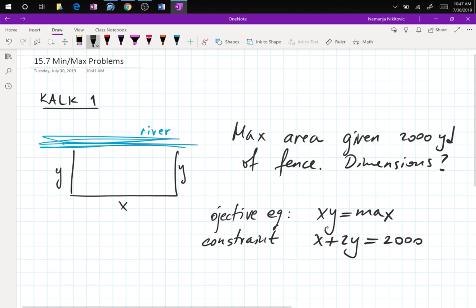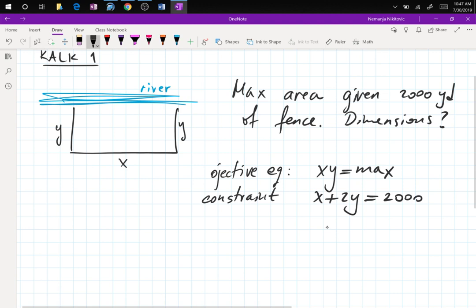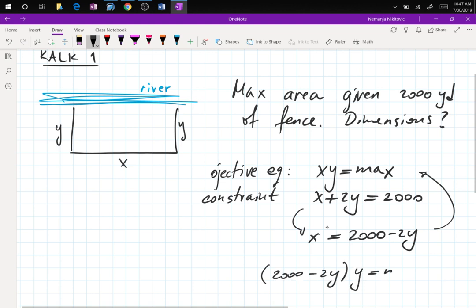So this is a standard Calculus 1 problem, and you solve the constraint for x, which is 2,000 minus 2y, and then you plug that into the objective equation.